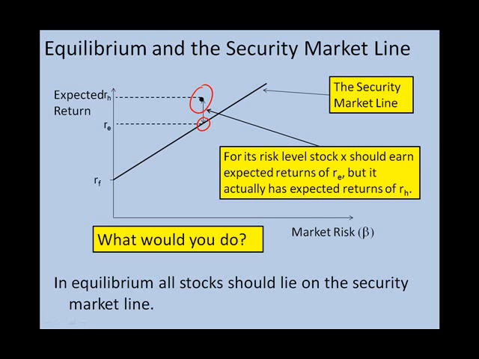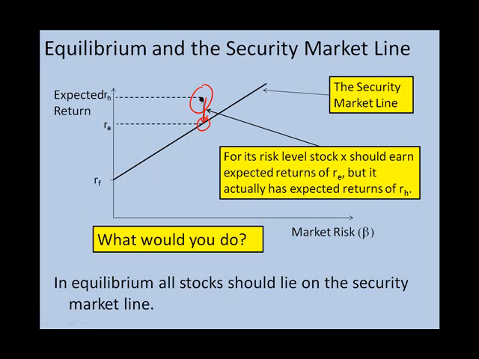In fact, all investors would see this and they'd all want to buy the stock. And so what happens? As the price goes up for that stock, the expected return will fall until the expected return is equal to the expected return predicted by the CAPM. So in equilibrium, when there is no incentive to buy or sell stocks, all the stocks will lie on the security market line.